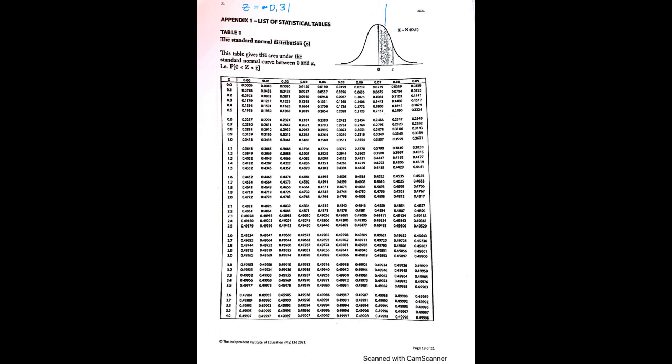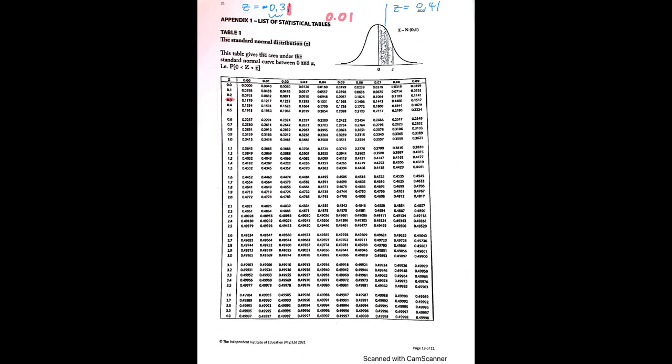So here, 0.3 is located down the first column. And then you have 1 as the last digit here. So it's 0.0 first and then the 1. So 0.01, in line with that.